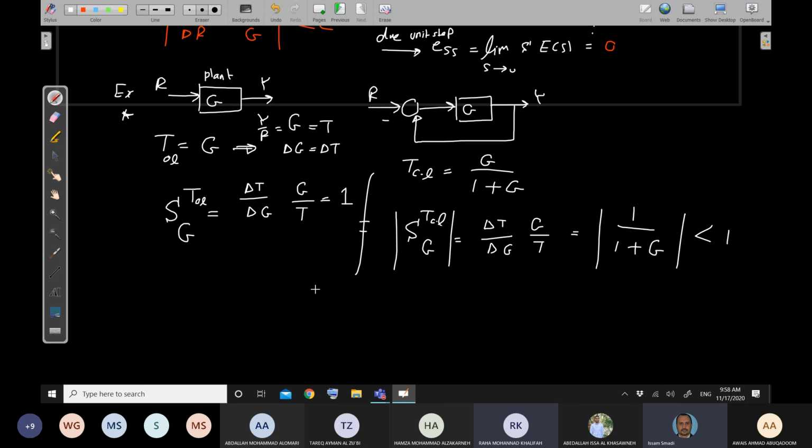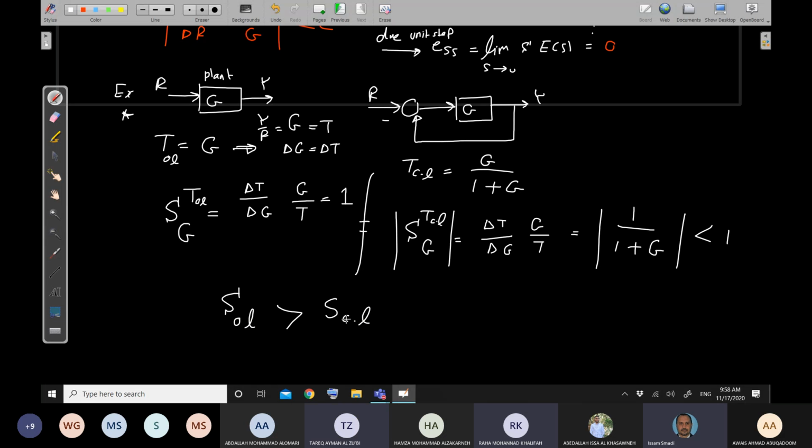Yes or no? Yes. So simply this means that the sensitivity of the open loop is higher than the sensitivity of the closed loop. So using only a feedback makes the system less sensitive to parameter variation.